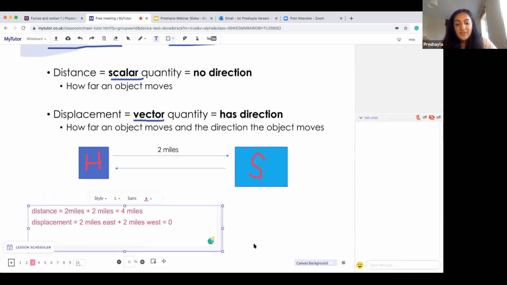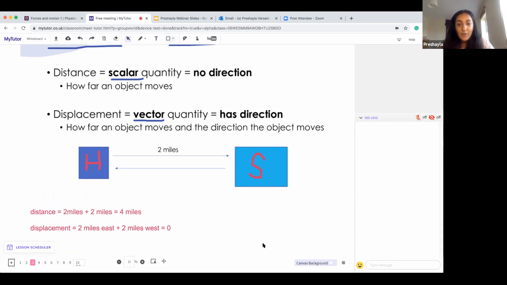Now, the reason for this is because they cancel out. They're in opposite directions, and therefore they cancel out. So yes, we have elapsed 4 miles as a distance, but because displacement has direction, those directions cancel out and we actually get a displacement of 0. So actually, theoretically, you haven't moved from your house.